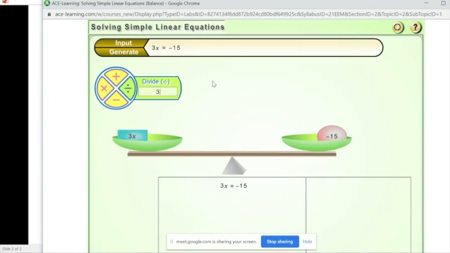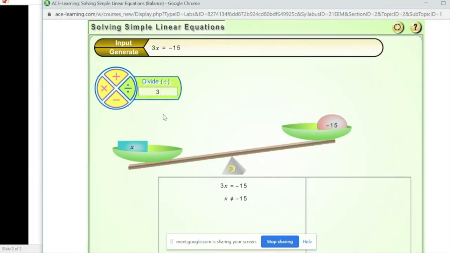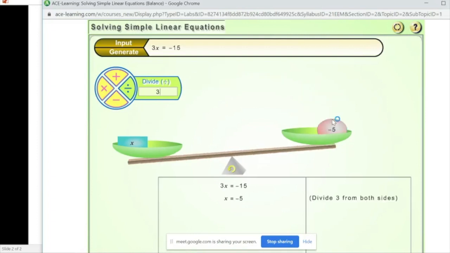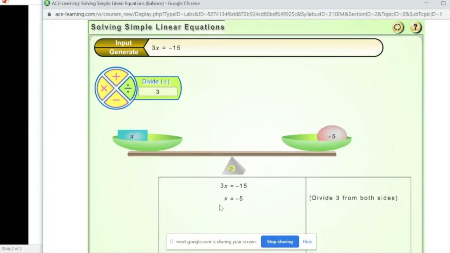So if I divide by positive 3, I'll get a positive 1x here. I must do the same for the other side. I divide by positive 3. I'll get x equals negative 5. So dividing by 3 on both sides, my answer for x is negative 5. Remember, solving is finding your x value. Let's look at another example.